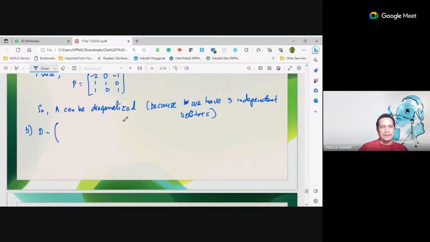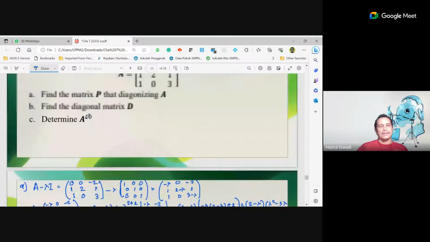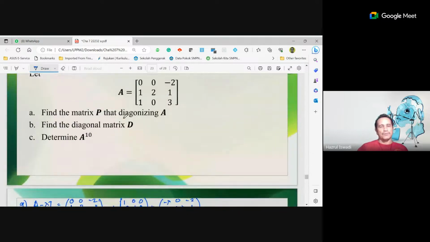So D is 1, 0, 0, 0, 2, 0, 0, 0, 2. Diagonal just means putting the eigenvalues on the main diagonal.